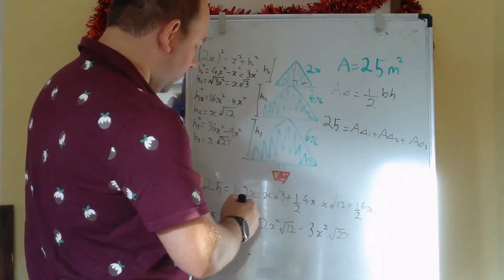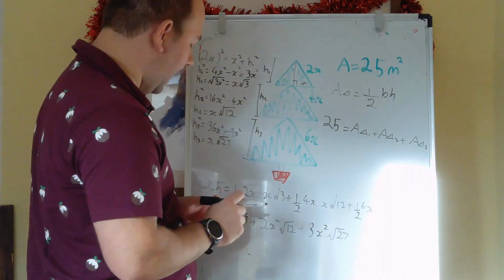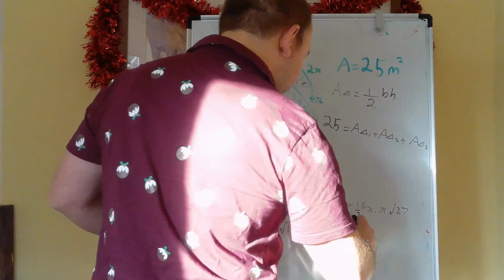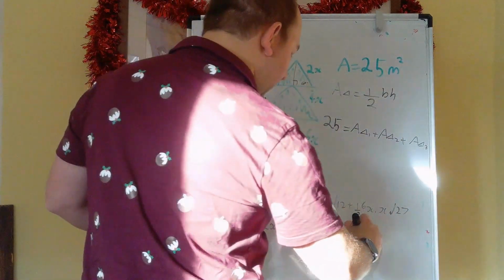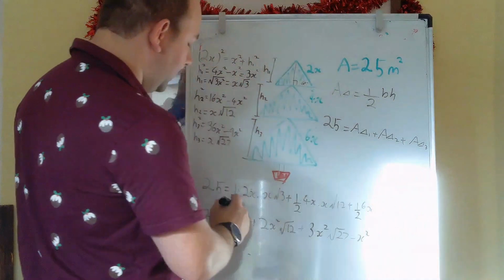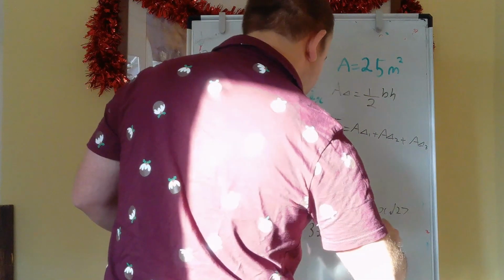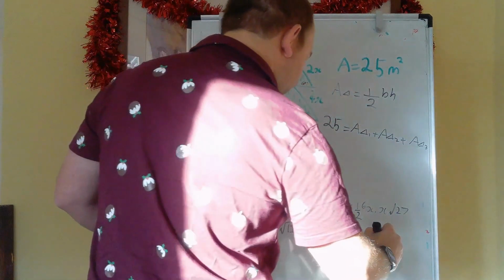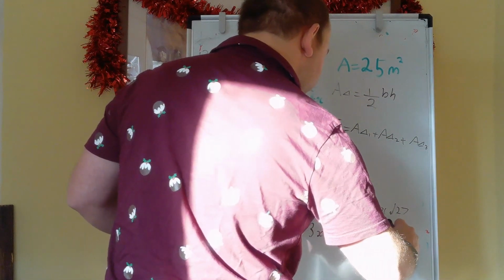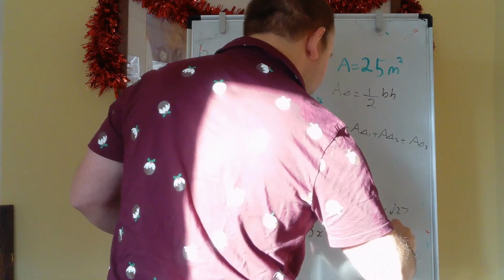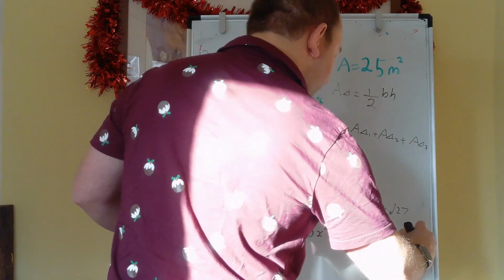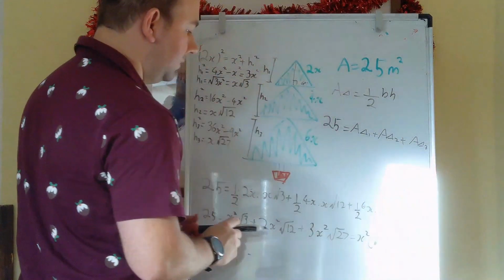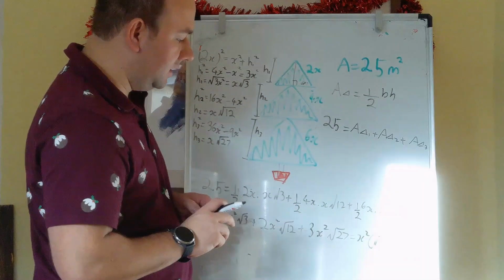So what I can do now is take the x squared outside all of these. So, hopefully I have space here, this is equal to x squared, open the brackets, so I'm having root 3 plus 2 root 12 plus 3 root 27 is equal to 25.